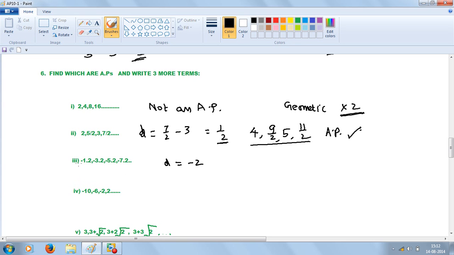So minus 1.2, minus 3.2, minus 5.2, we know the next terms: minus 7.2, minus 9.2, minus 11.2, minus 13.2, minus 15.2, and so on.